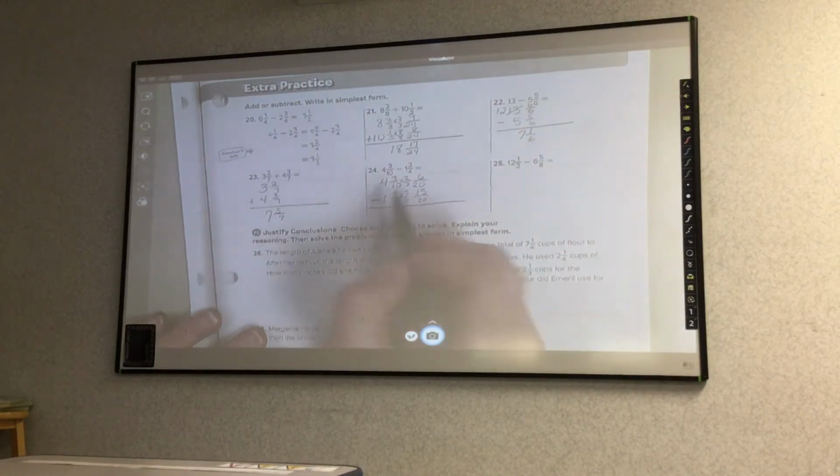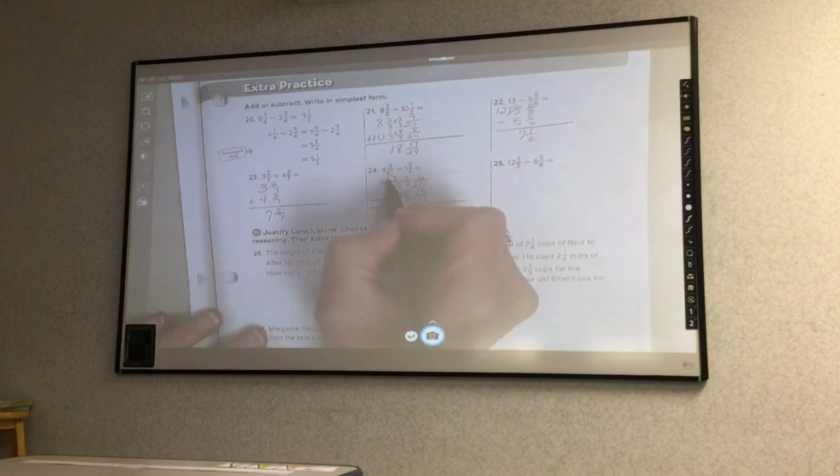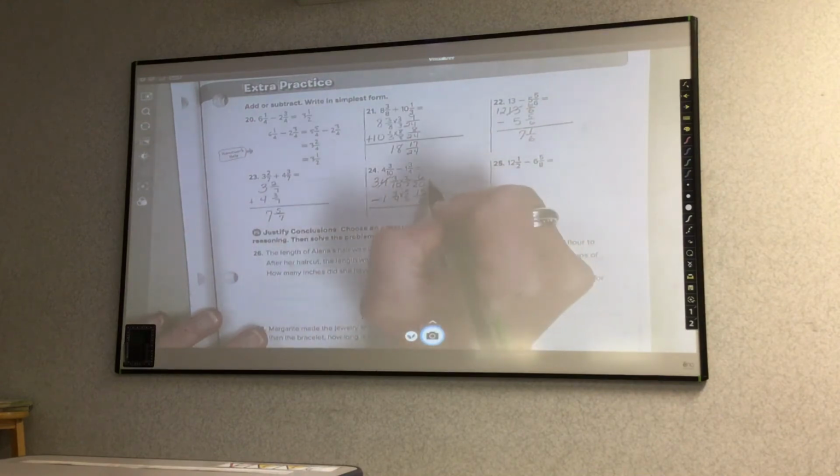Now I have 6 minus 15. Can I take 6 minus 15? Nope. So I have to borrow. The 4 becomes a 3. Then I add 20/20. Put a box around it. And then 6 plus 20 is 26.